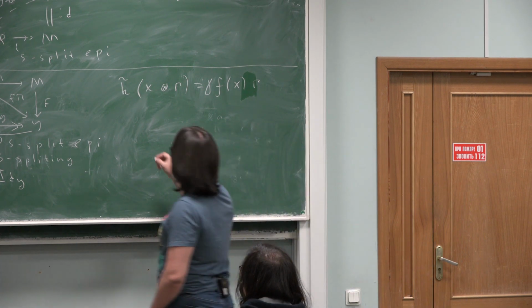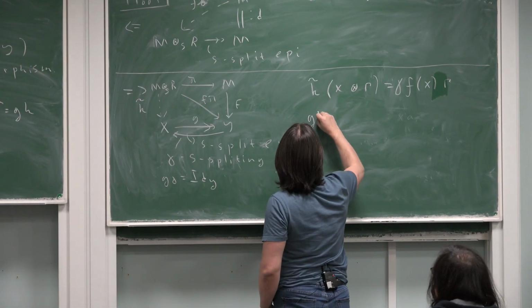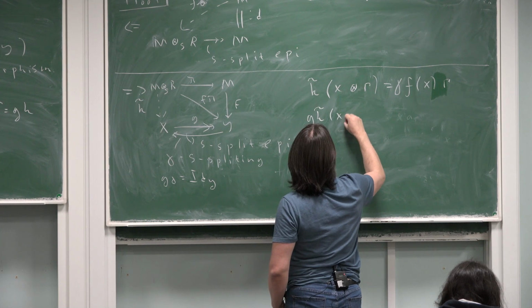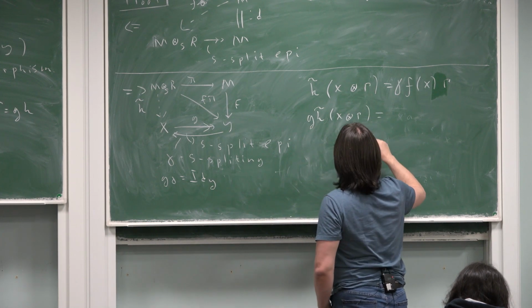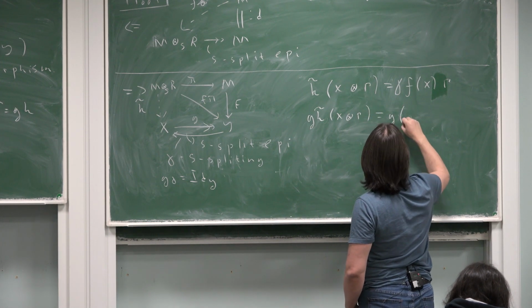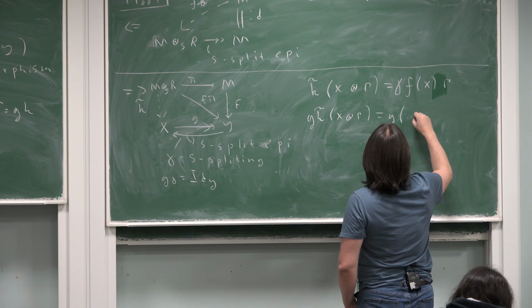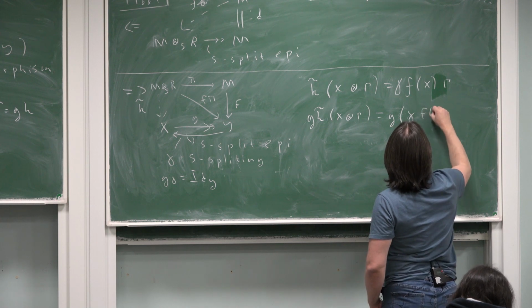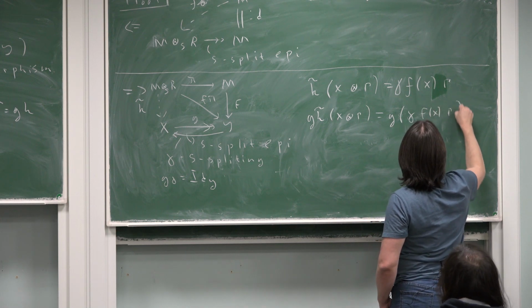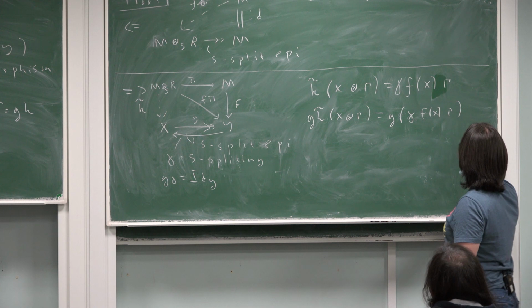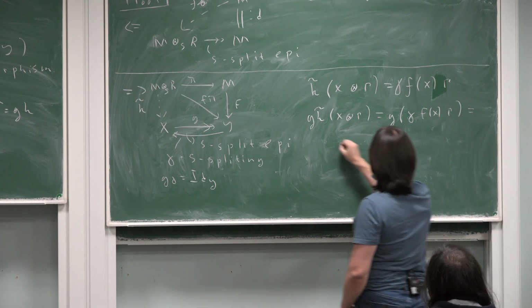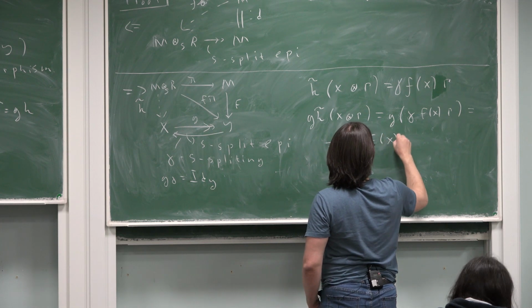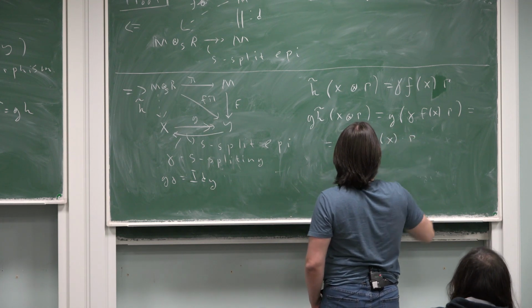G H tilde of x tensor r is, of course, G of gamma f of xr, but G is a morphism of R modules, so it is G gamma f of x times r.